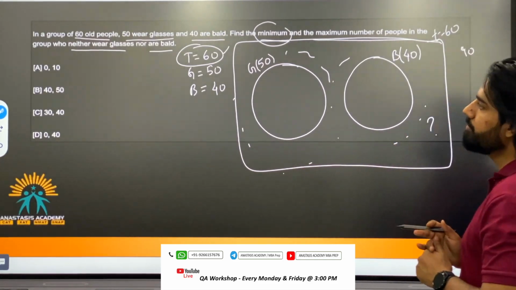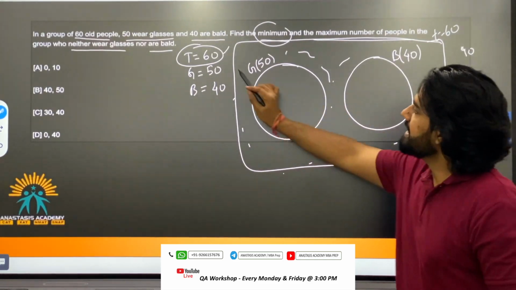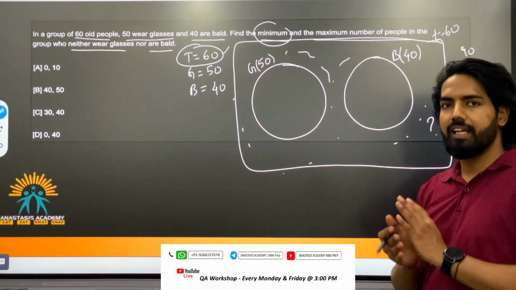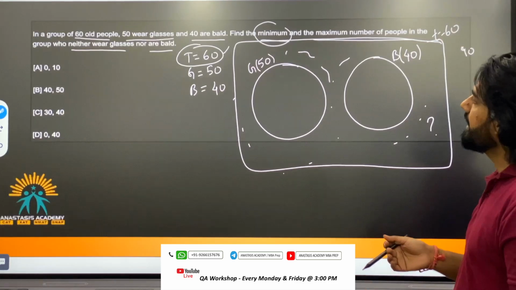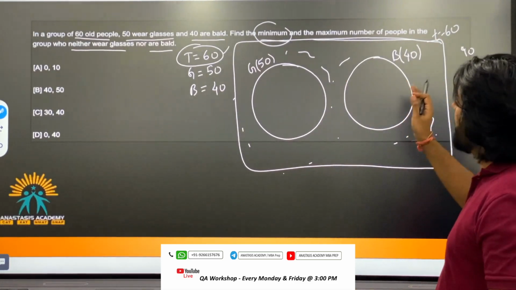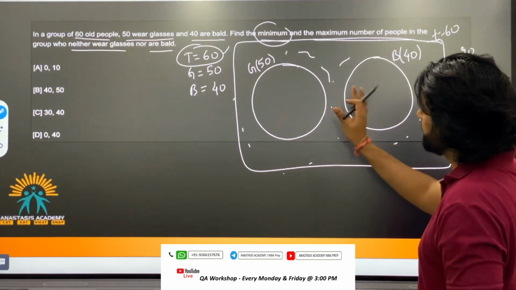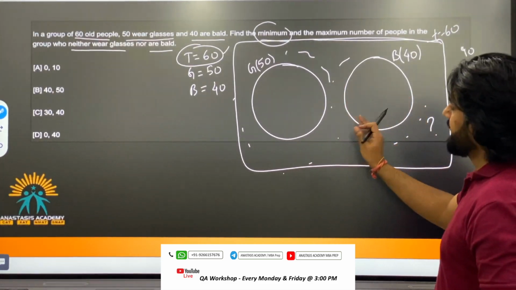So can I assume that these 60 people fall into these two categories only, that they either wear glasses or they are bald? So let's just try to fit these two sets.